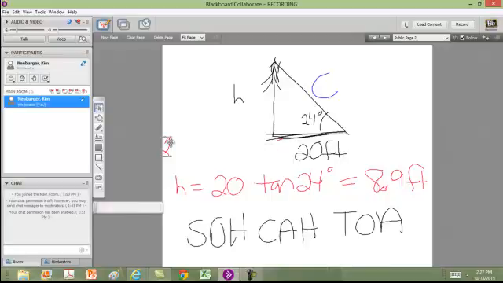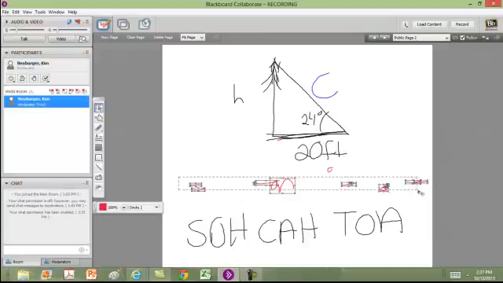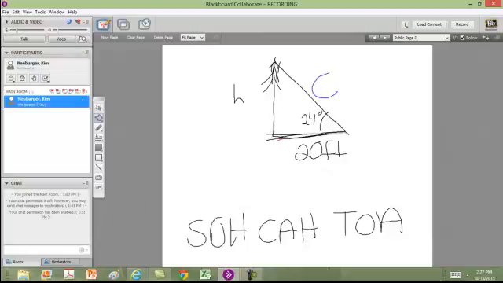So let's look at which ones of those are involved in this particular problem. If we want the wire to go from the base right here to the top, we want C, and C in this particular triangle is your hypotenuse. And the other thing that we know is the 20 feet here.